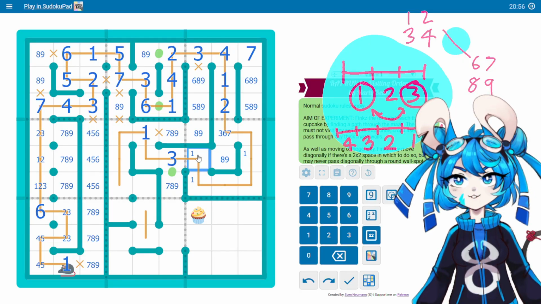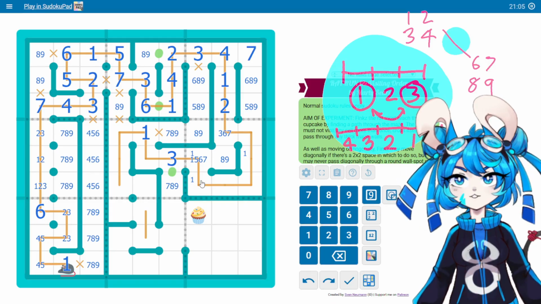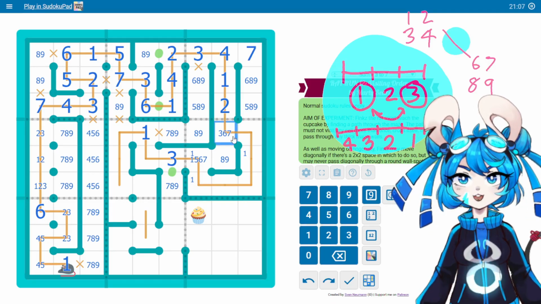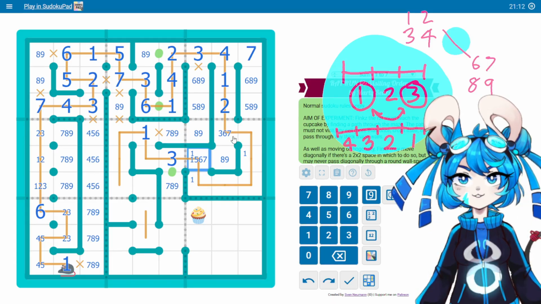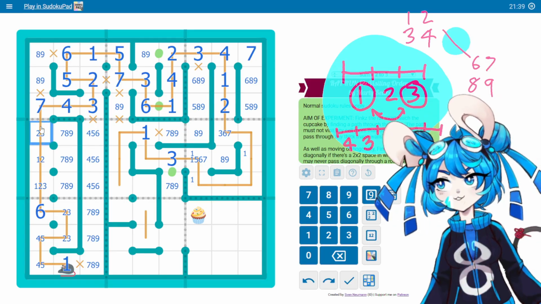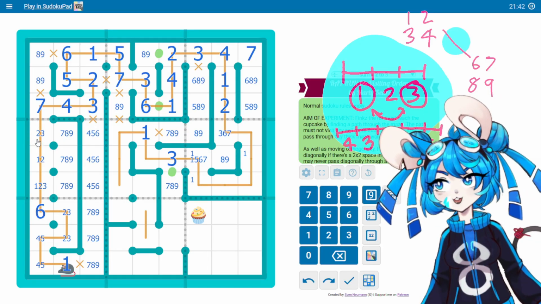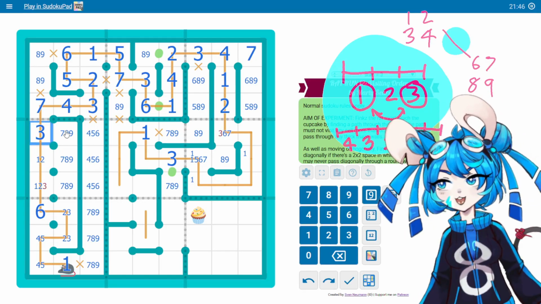So this is 1, 5, 6, 7. Right, the 1 cannot index itself. The 7 could, though. This cannot be a 2, because if this is a 2, that would indicate that this is 3, which it cannot be. So this needs to be a 3.